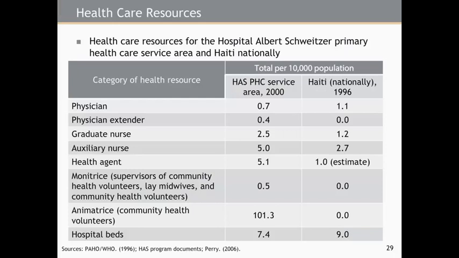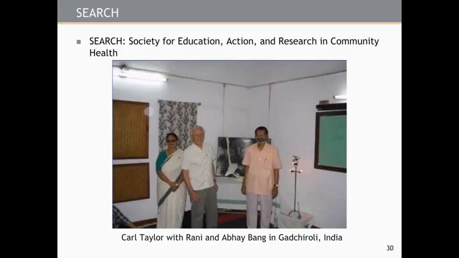The number of hospital beds is actually less as well, but the real difference is shown in the number of nurses, where they have twice as many per capita, the number of auxiliary nurses, where they have twice as many per capita as Haiti as a whole, and in the larger number of health agents, who are the paid community health workers, and the very large number of volunteers called animatrices, which really don't exist in other parts of Haiti.